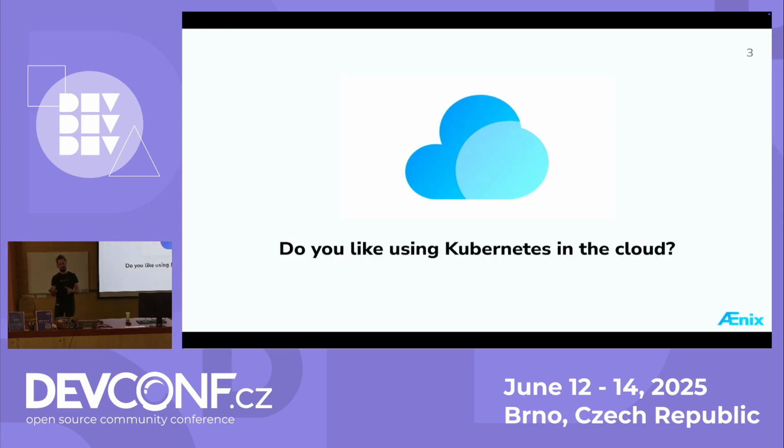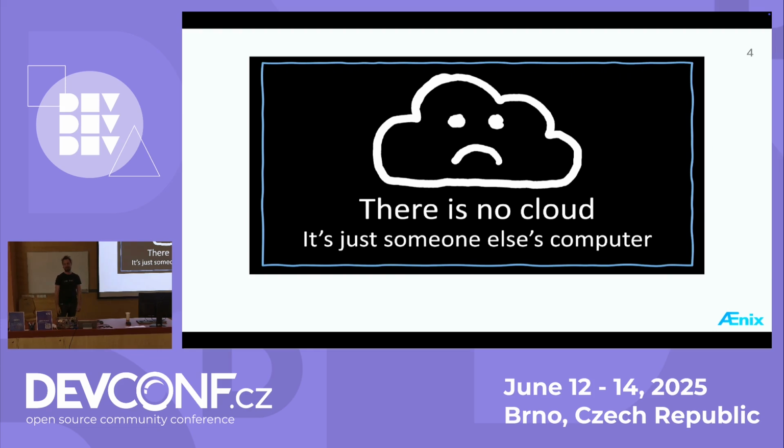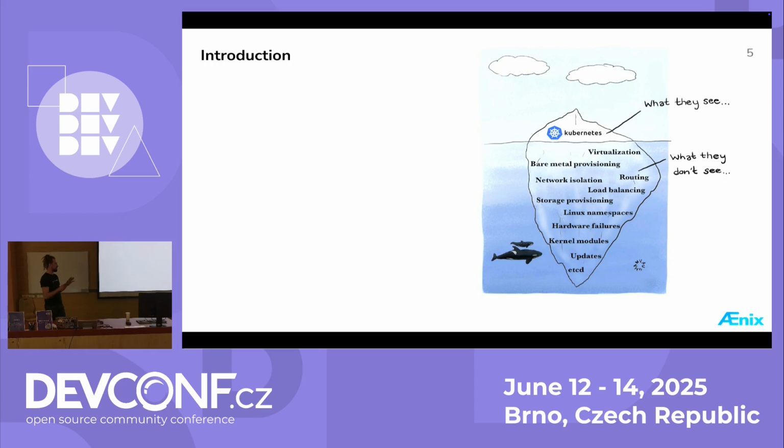And the first question: do you like using Kubernetes in the cloud? I guess yes, but there is a joke that there is no cloud, just someone else's computer. So today I'm going to share how to build this stack under the hood.